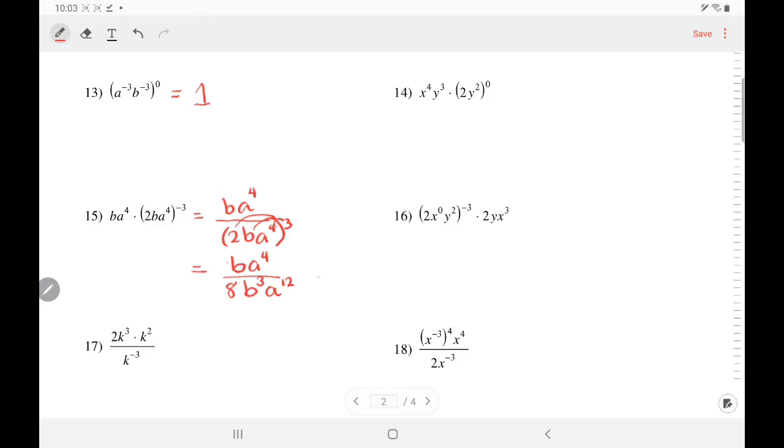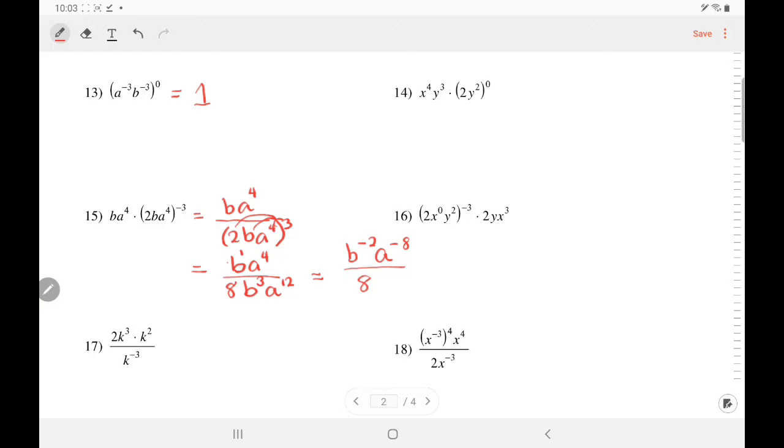Now we use property 2. We're going to subtract. There's an invisible 1 here. So 1 minus 3 is negative 2. You're going to subtract the exponents of a: 4 minus 12, negative 8. And 8 is all alone.